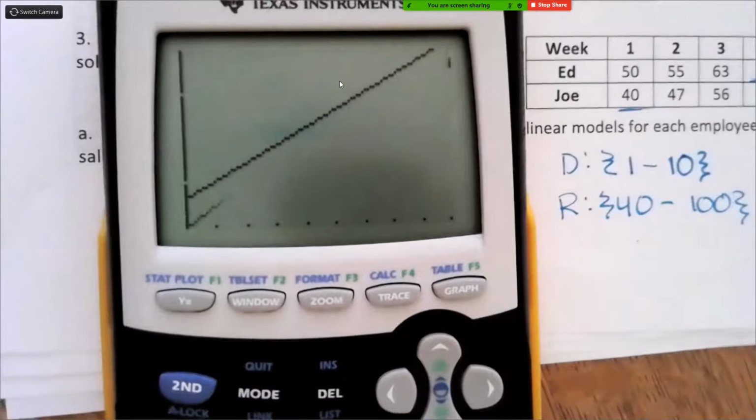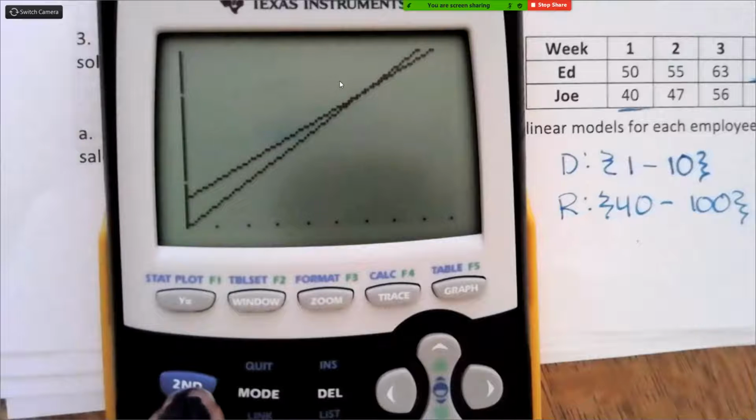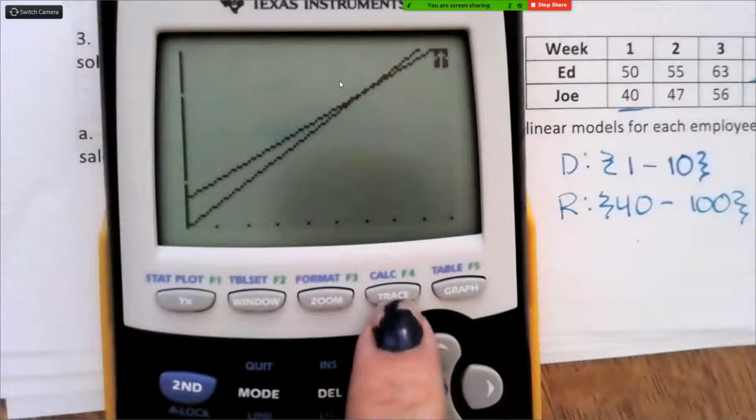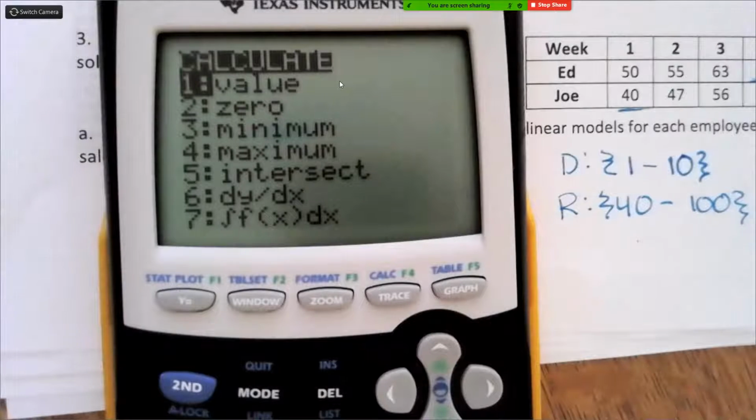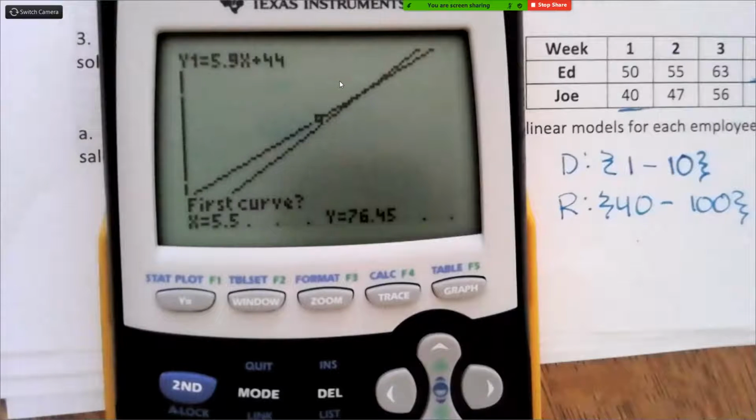So what you're going to do now, guys, is what's our purpose? We're trying to find where they intersect. So I want you to hit the yellow key that says second, and then you're going to hit the word trace. It's next to the word graph. What do you notice about one of those options? It says intersect. You're going to go to option 5 for intersect.